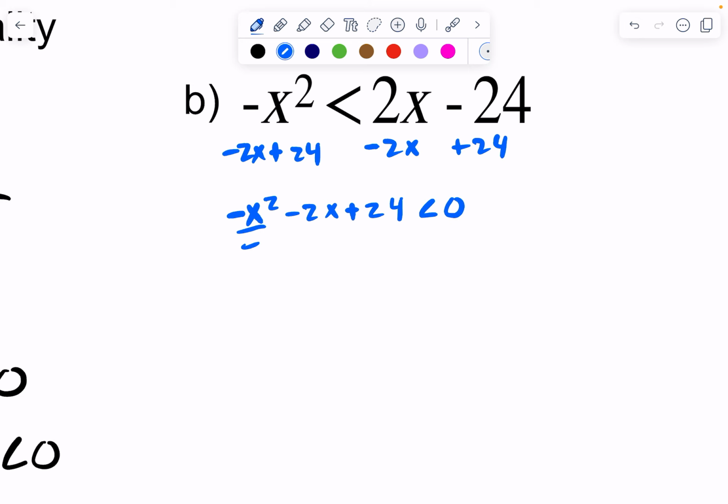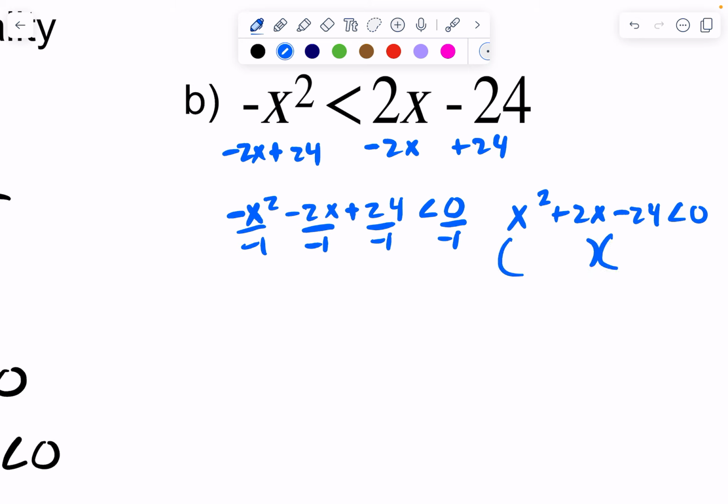I'm going to divide everything by a -1 to get my leading coefficient positive, and that will render me with x squared plus 2x minus 24 is less than 0. I'm going to go ahead and factor this. It's going to be x plus 6 and x minus 4, because 6 times -4 is -24, and 6 minus 4 is positive 2.